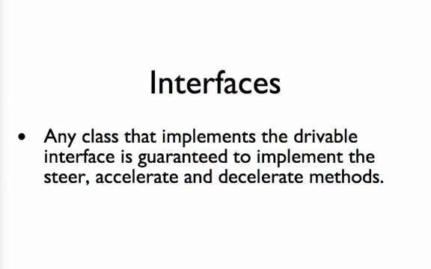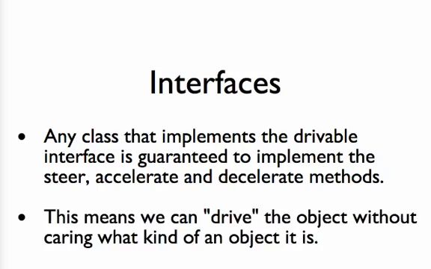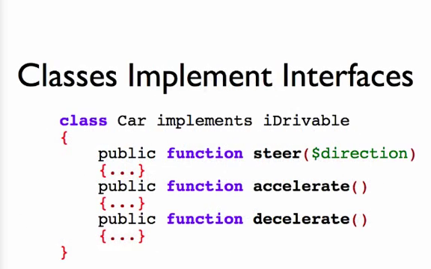So any class that implements this interface is guaranteed to have those three functions. PHP is going to complain if you don't implement one of those things, and it will not let you run it. So at that point, I don't have to know what kind of an object it is. I don't have to care if it's a car or a boat or a plane.